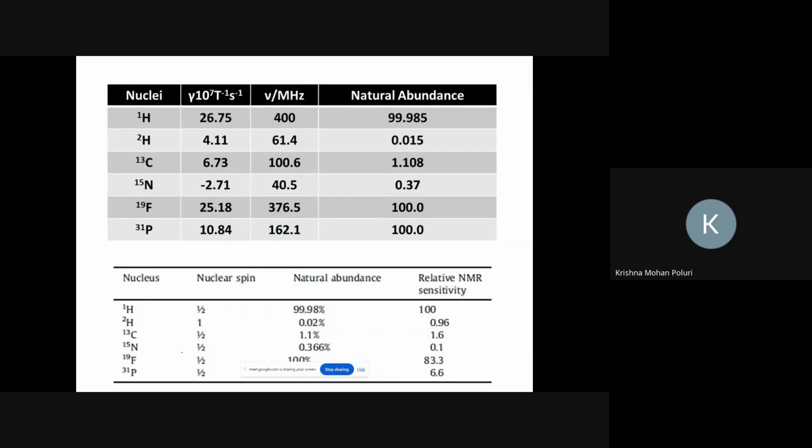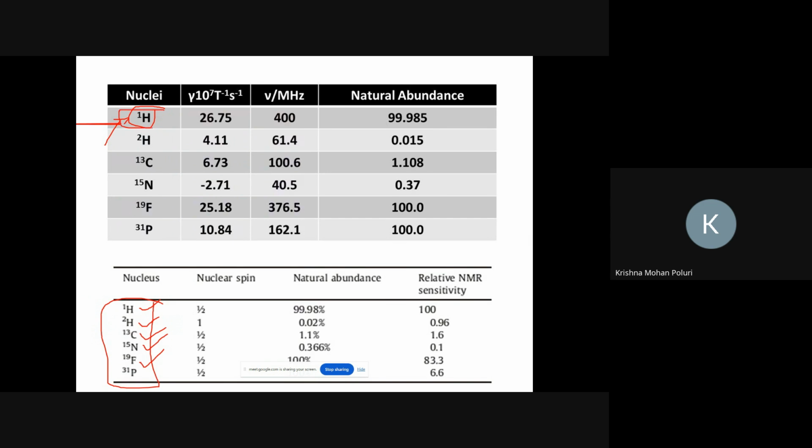So that is what you can see here: you can use nitrogen-15 instead of 14. Hydrogen, you can use 1, heavy water, deuterium, and so on and so forth. The other factor which comes in is something called the gyromagnetic ratio. That means how strongly, when you put this nucleus in, it acts as a magnet.